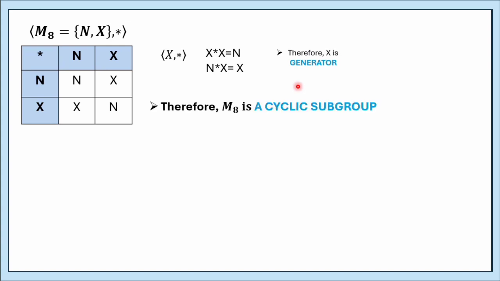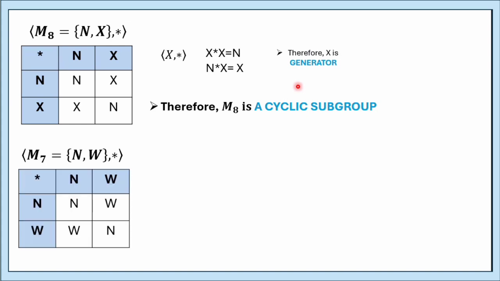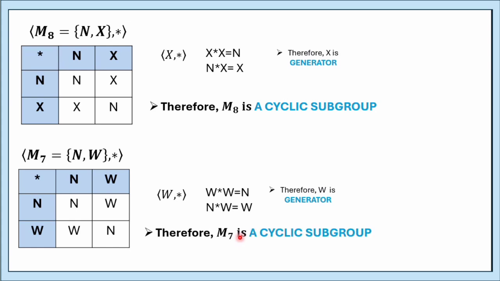Next, we have M sub 7 is equal to the set of N and W under the binary operation star. For W, we have W star W is equal to N, and N star W is equal to W. Since W generates all the elements of the set, W is a generator, and therefore M sub 7 is a cyclic subgroup.